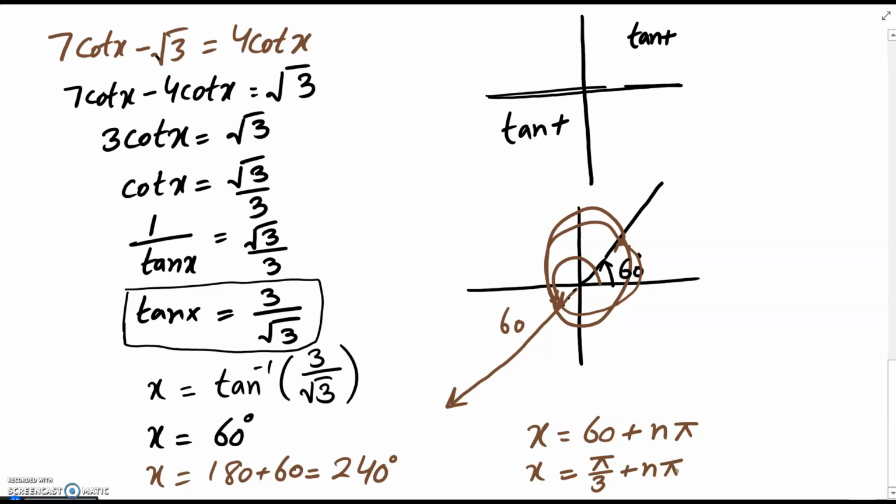Okay, this should be written in 180. Now this is in the form of degrees and this is in radian. Both answers are correct. You can keep your answers both ways.